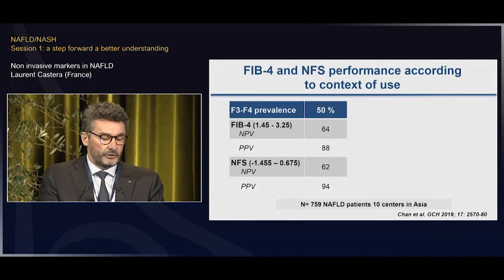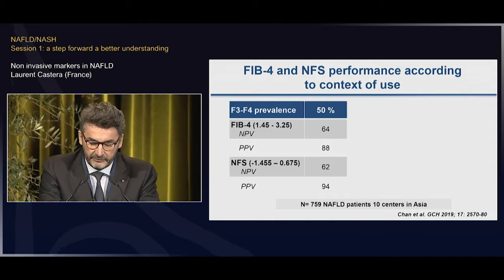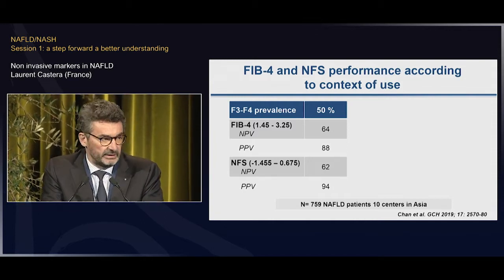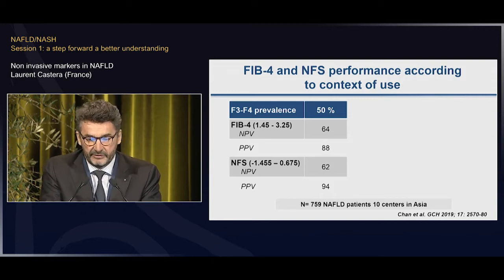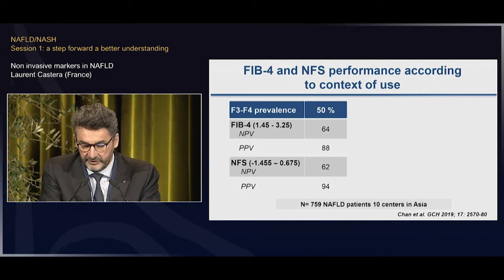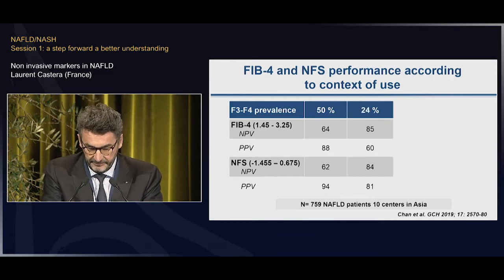Now look at the influence of context of use. This is an interesting study from 10 centers in Asia, a large cohort. If you look at the high prevalence we have in our tertiary centers, we are pretty happy using FIB-4 or NFS.